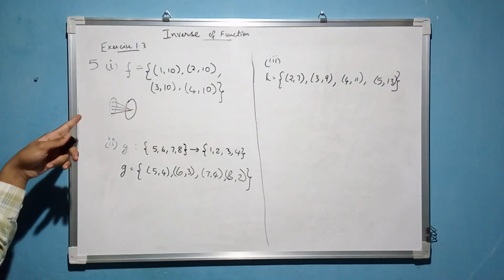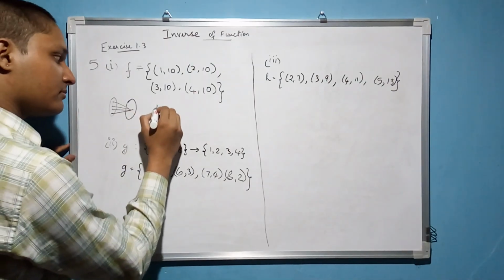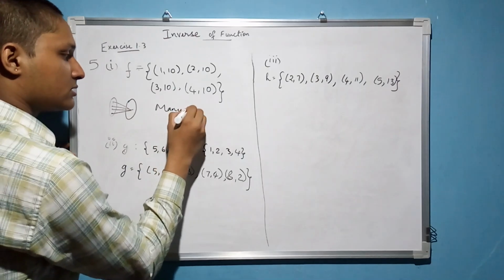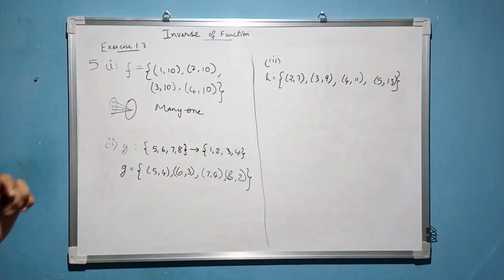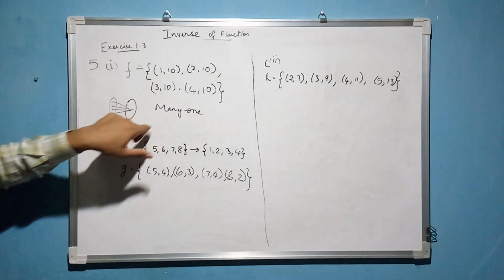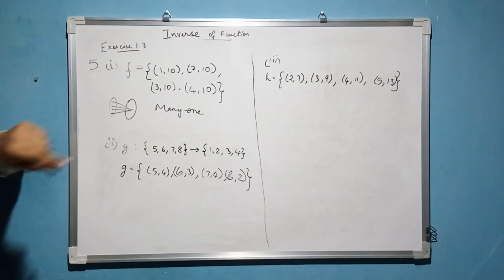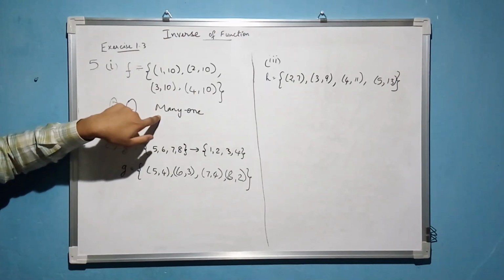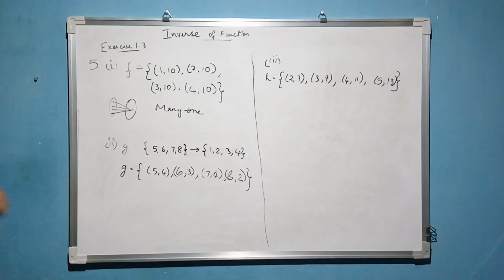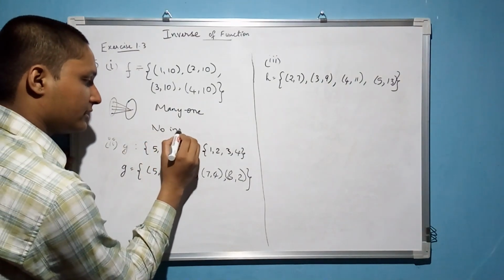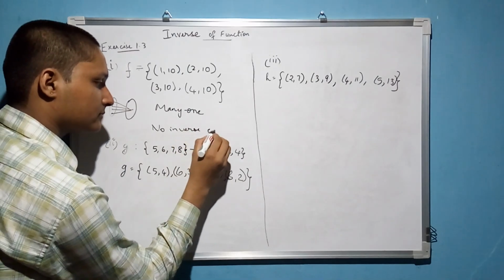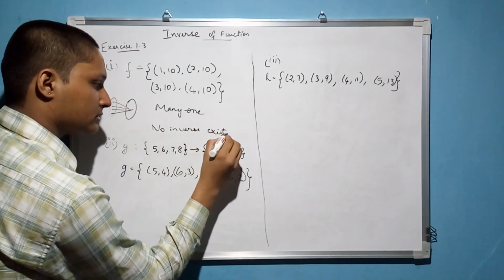This I can show is a many-one function. So for an inverse to exist, it should be a bijective function. But for it to be bijective, it should be 1-1 and onto. Here it is many-one, not 1-1. That's why it does not have an inverse here. No inverse exists for the given function.